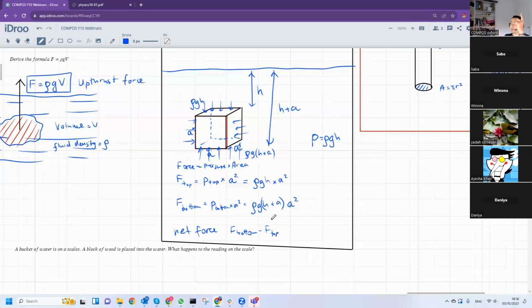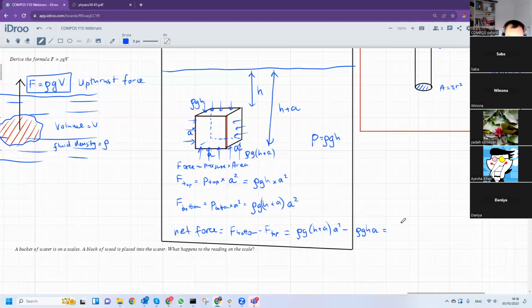Because if you have two forces, one pushing up, one pushing down, you need to subtract them, which gives you net force equal to the bottom force, rho g (h plus A) A squared, minus rho g h A squared.